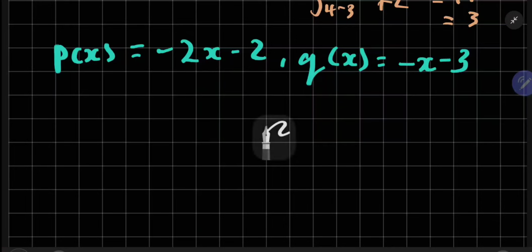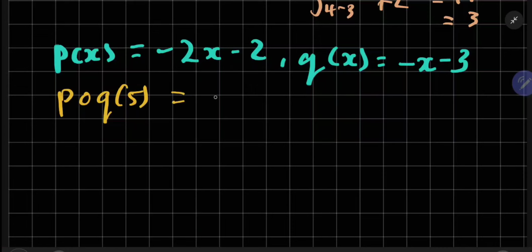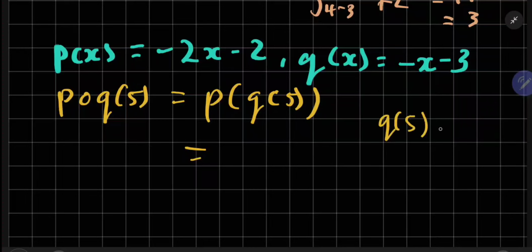If this is the case, p of q of 5 would be, let's see, p is minus 2x minus 2. q of 5 is minus 5 minus 3.